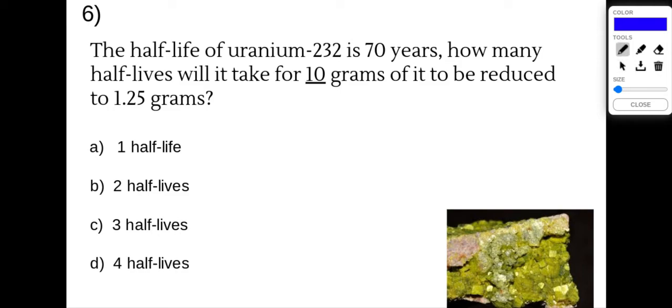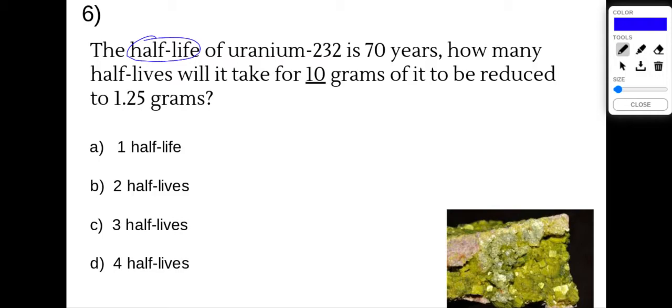On number 6, here we've got uranium. So there's just a little picture there of what uranium looks like. The half-life of uranium-232, remember that's part of the name, is 70 years. So what do we know here? We've got half-life, right? It's going to disintegrate in half. It says it's 70 years.